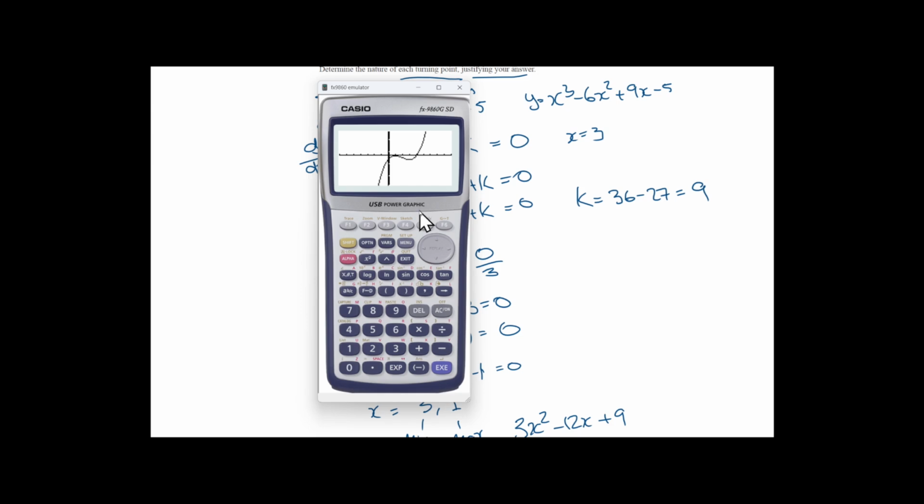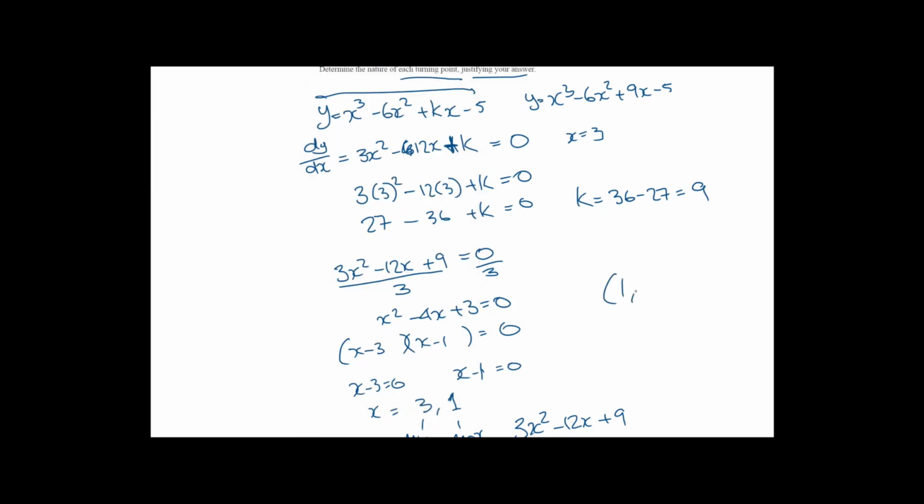We're going to draw it. So it's this funky thing here. We see the maxima there and a minima there. So let's go to G-Solve. Let's find the maxima. 1, negative 1. There's a maxima there, and the minima is at 3.